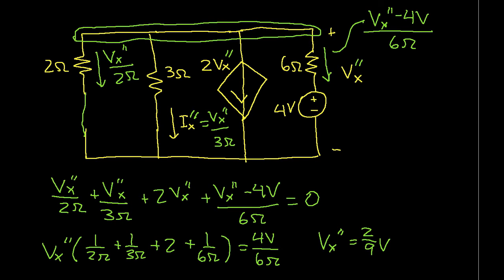Okay, which means that Ix double prime is going to be 2/9 volts divided by 3 ohms, so it's going to be 2/27 amps. And I can figure out what that is numerically.